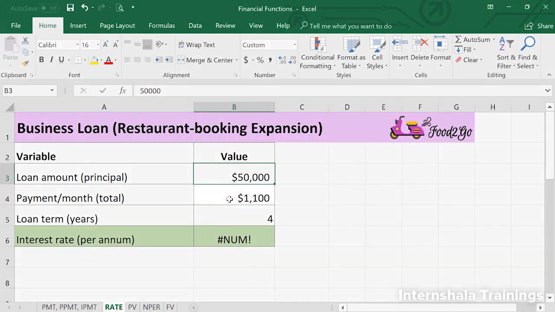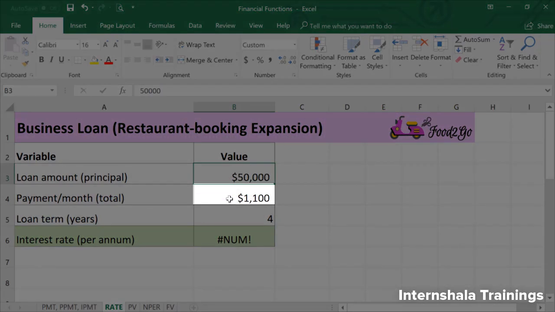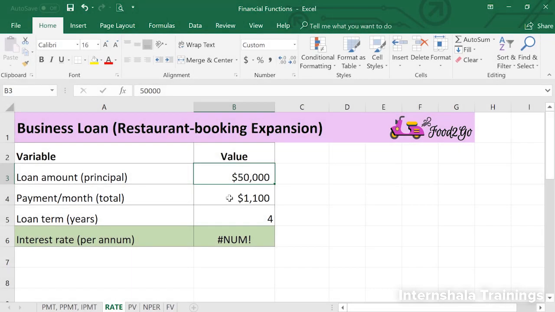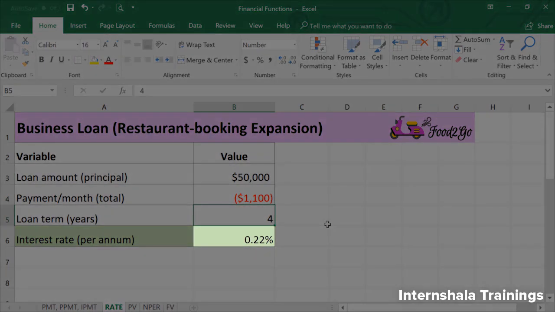If the payment value is positive like this, the principal amount is not seen by Excel as being paid back or offset during the loan term. Therefore, we need to ensure the payment value is a negative number, so if we just insert a negative sign before the 1,100, this should solve our problem. Sure enough, we now end up with a value for rate.